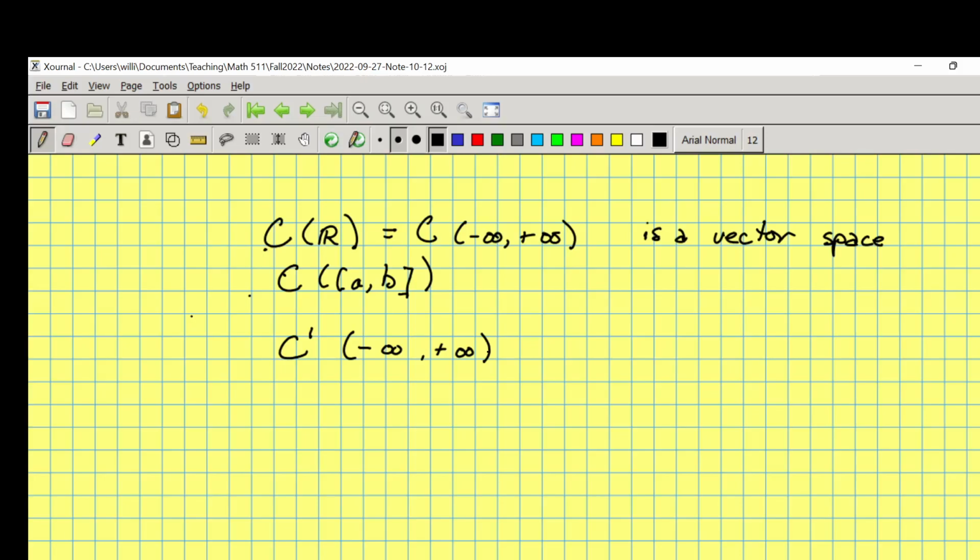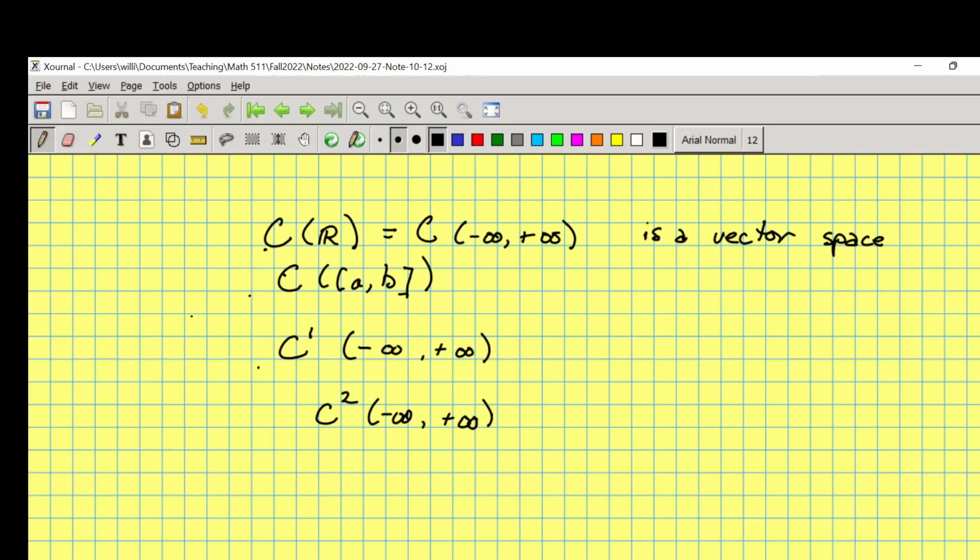We say continuously differentiable because when we write C1, we want it to have a derivative, and we want that derivative to be continuous. And then the one that's the most important in differential equations, functions with two continuous derivatives.